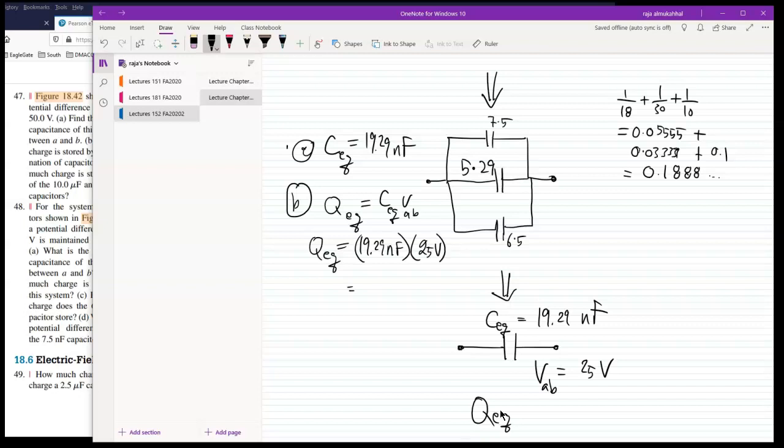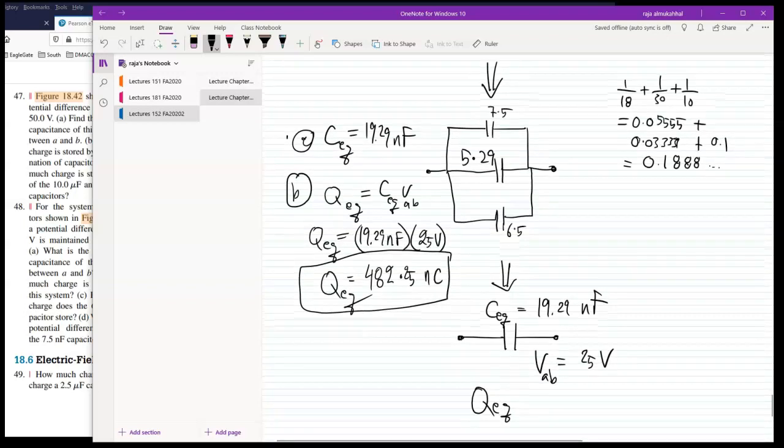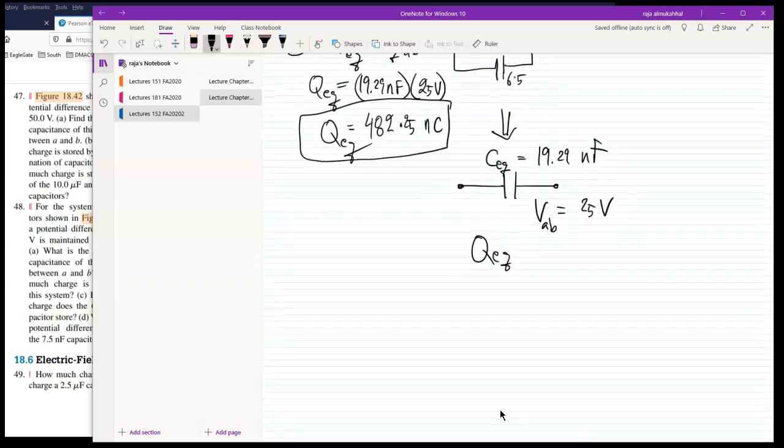And then when I calculate that, I will get 482.25 nanocoulomb. There we go. That's how much charge is stored inside. Okay? Here's a different way of doing it. Alternate way.